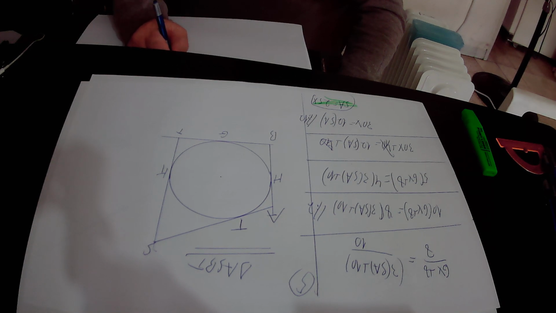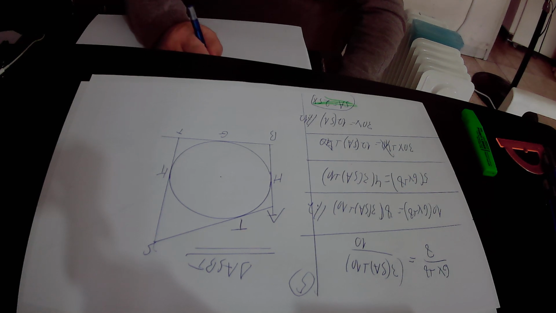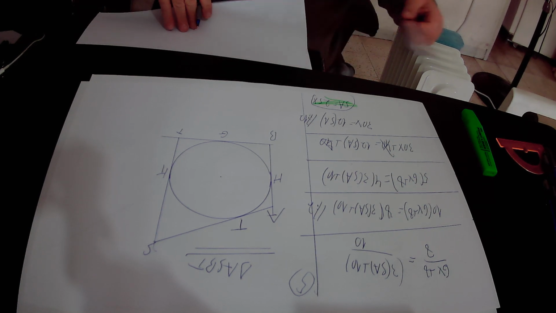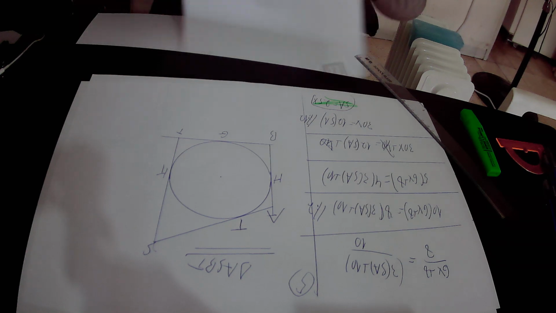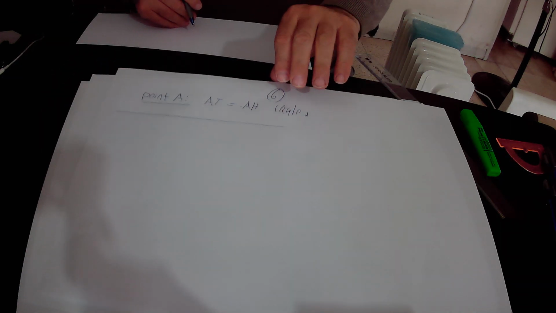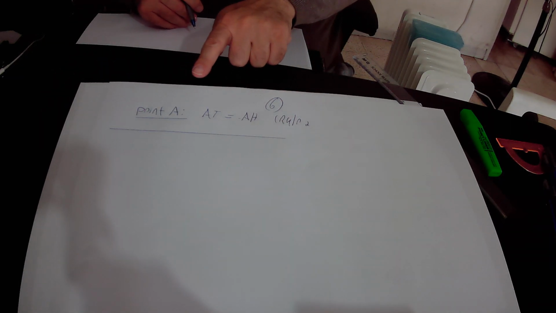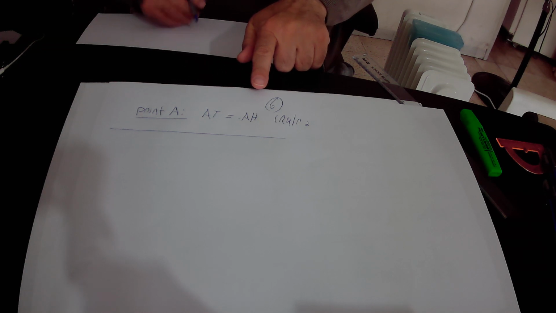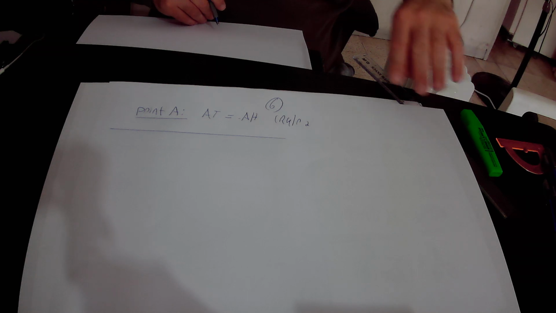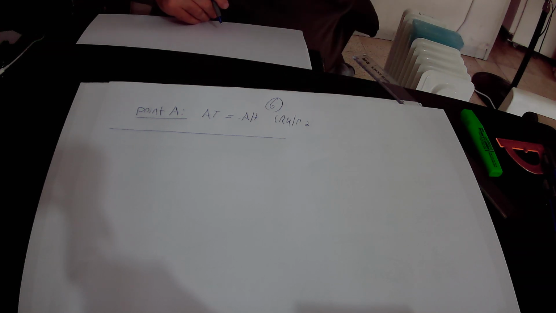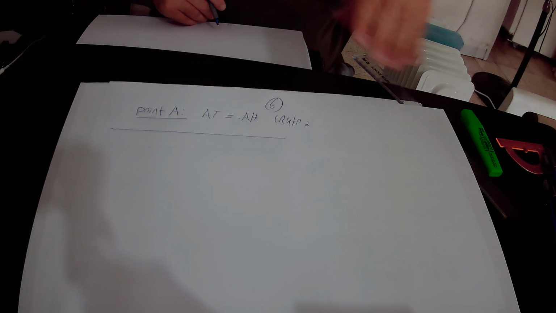According to rule 2, they are equal to each other. So if we define one of those two tangents as A, then the other tangent must also be equal to A because they are equal to each other.